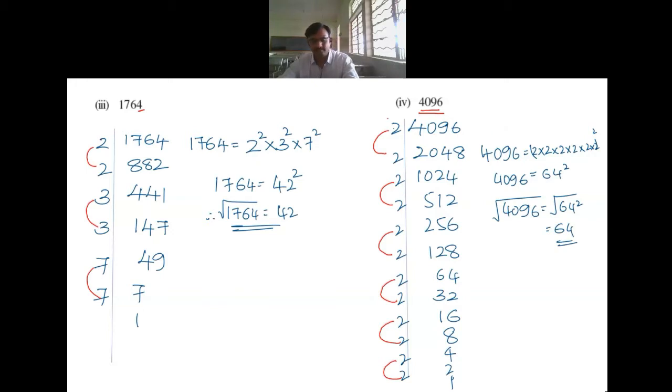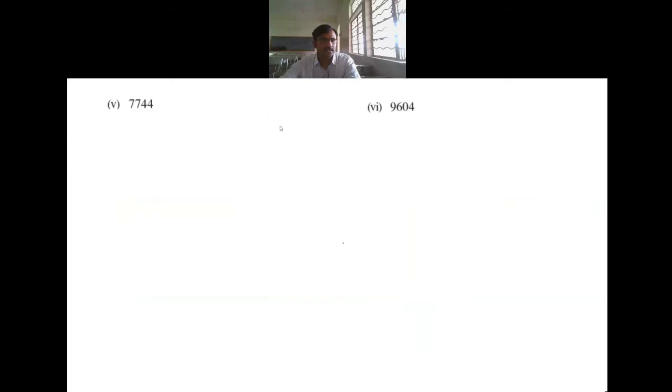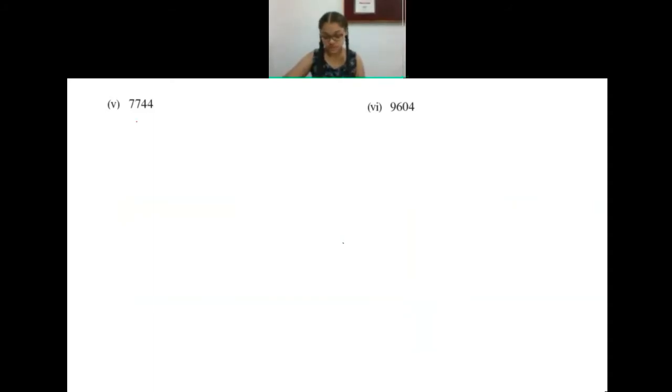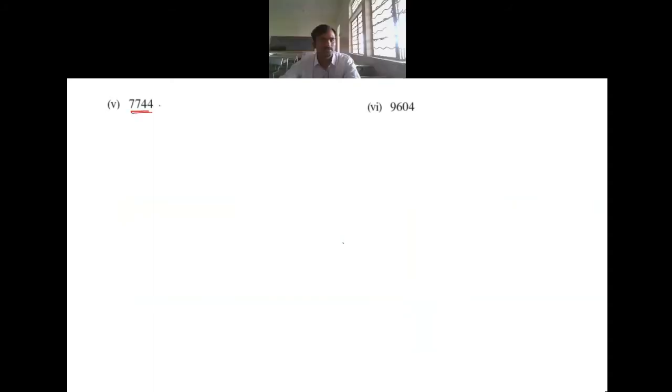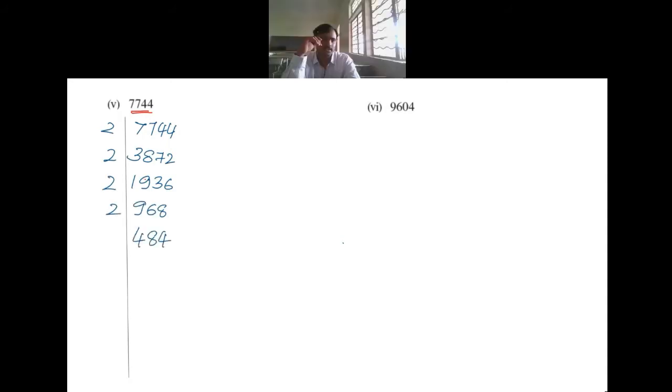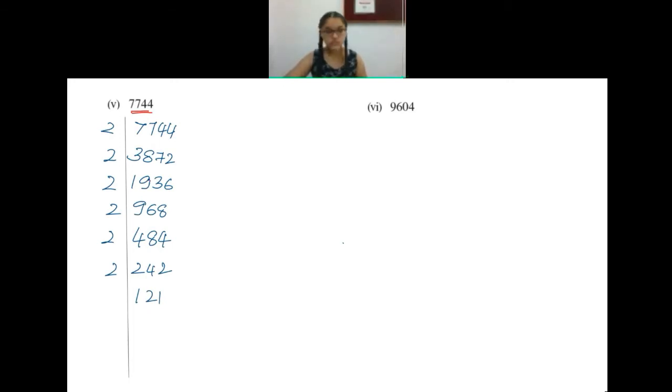So sometimes they may give an easier question like this, or they may increase the difficulty like this, 7744. It is divisible by 2. Further, it is divisible by 2. Now you tell, 121 is there.